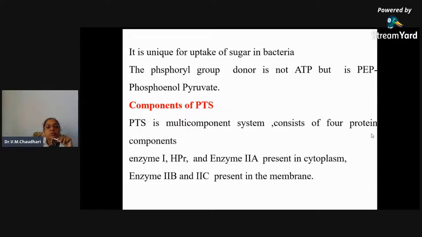So what are the components of the PTS phosphotransferase system?